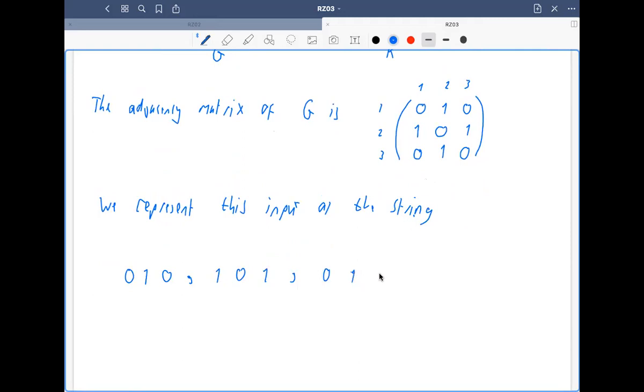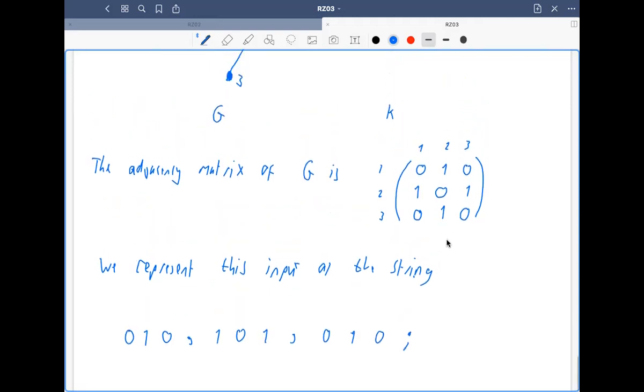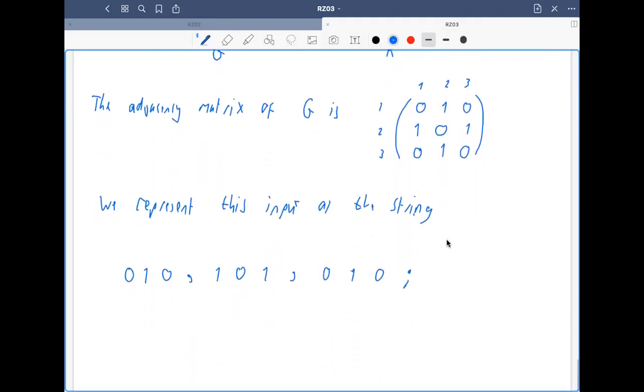We're now on the bottom row. Semicolon, it's the end of the matrix, not just the end of the row. And then K was 2, so the binary representation of 2 is 1, 0. And that's enough. The blank space following this on our Turing machine can tell us we've got to the end of the input.